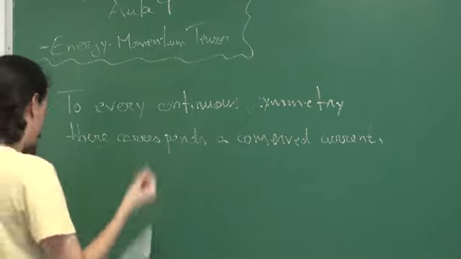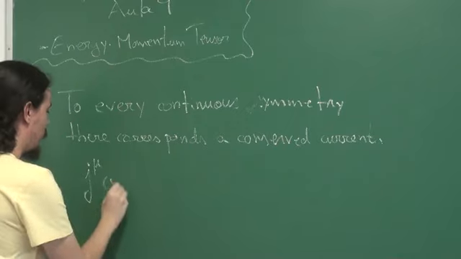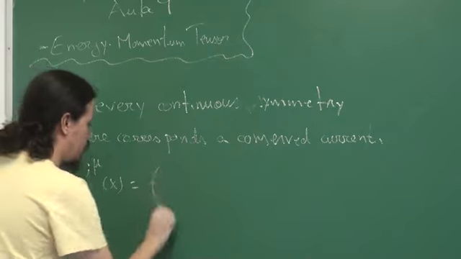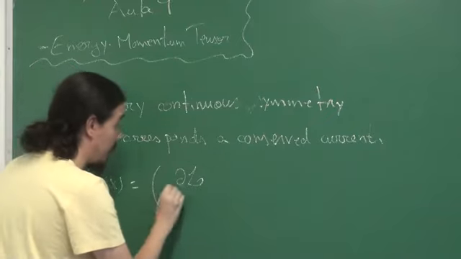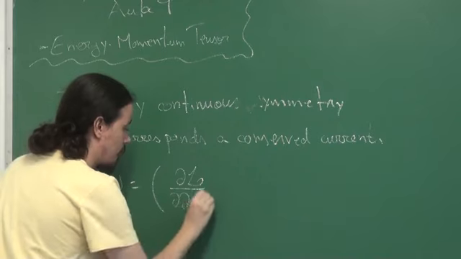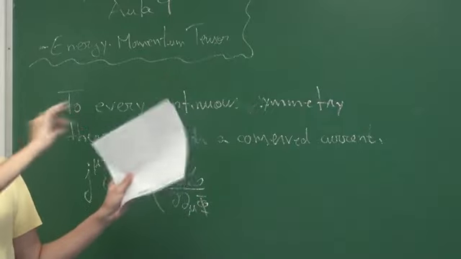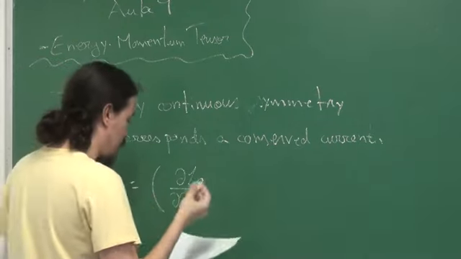The conserved current will be J mu, and in general it's going to have this form for any continuous space-time symmetry. This capital phi means any field of any spin. It could be scalars, fermions, gauge fields, doesn't matter.